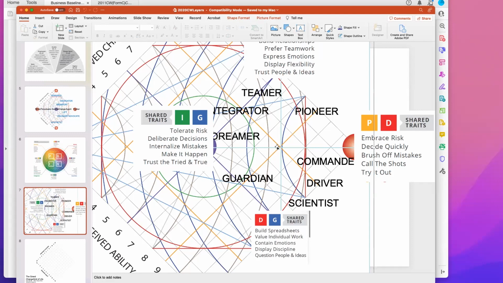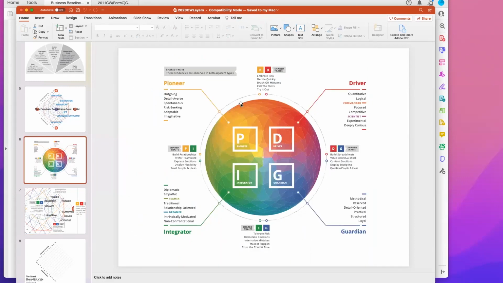Right. Yeah. And so this particular one, we did figure out that we would need to rotate it a little bit. I believe we needed to rotate it 90 degrees clockwise, so that the pioneer would be where the driver is, and the driver would be where the guardian is. Is that what we decided we needed to do, or did we also have to flip it just a jiffy?